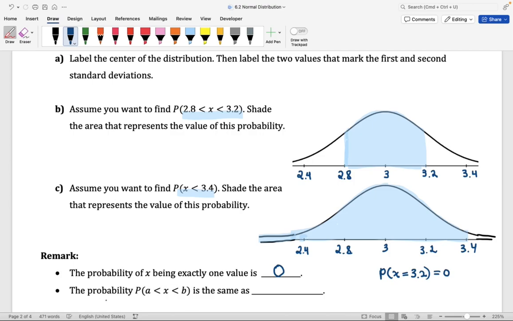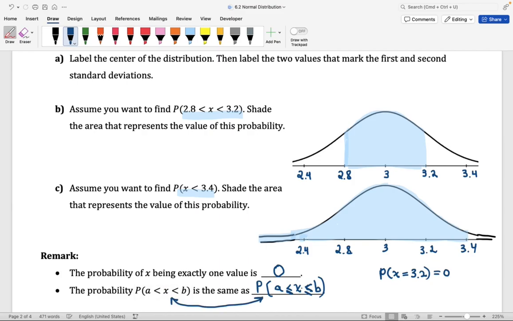With that being said, the probability of X being between A and B is going to be the same as the probability of X being between A and B, including A and including B. Why?